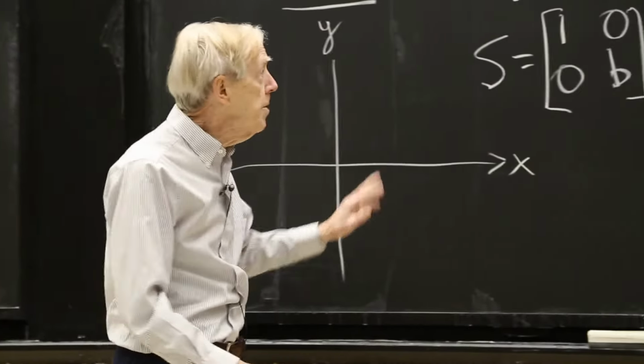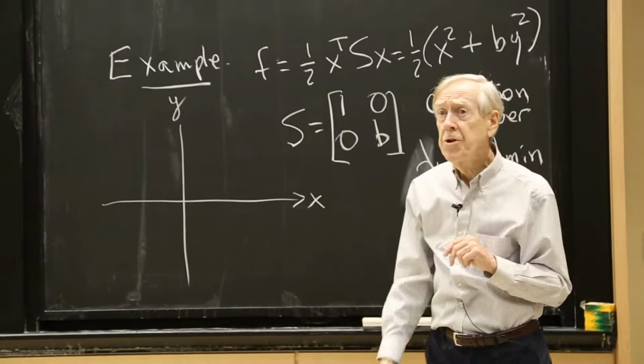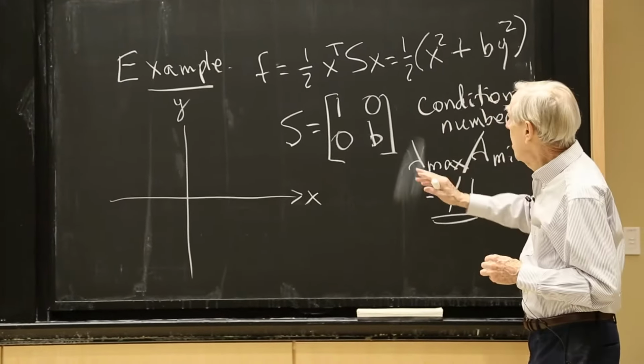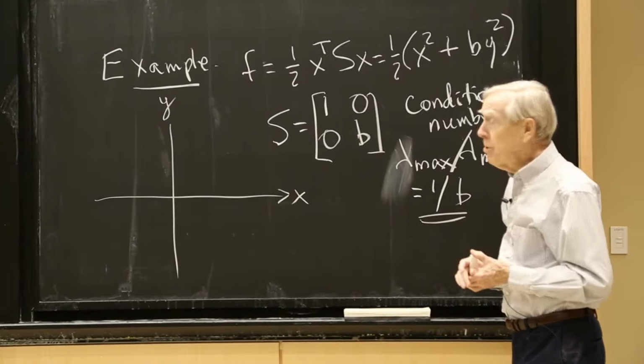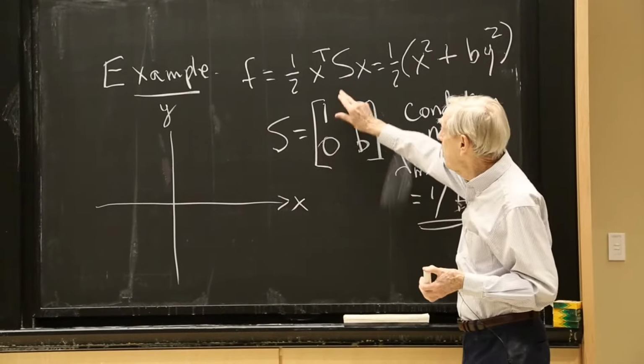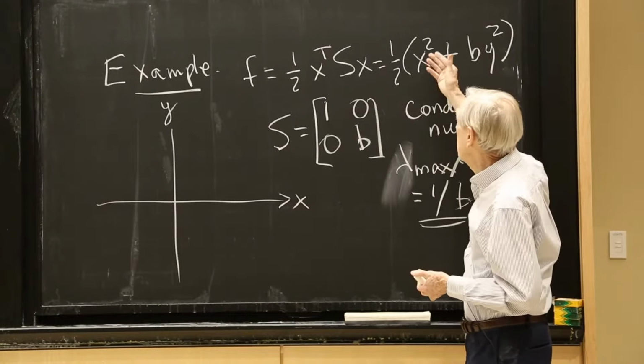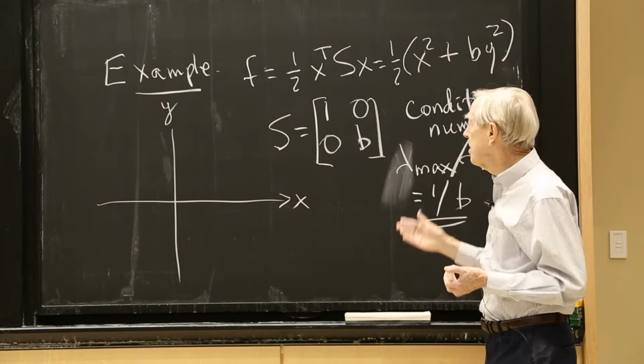The function is a pure quadratic, two unknowns, x and y. So every pure quadratic I can write in terms of a symmetric matrix S, and in this case, x1 squared plus b x2 squared.